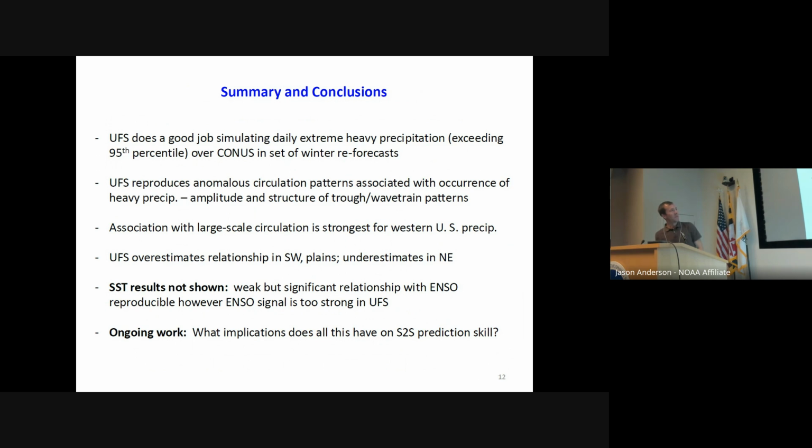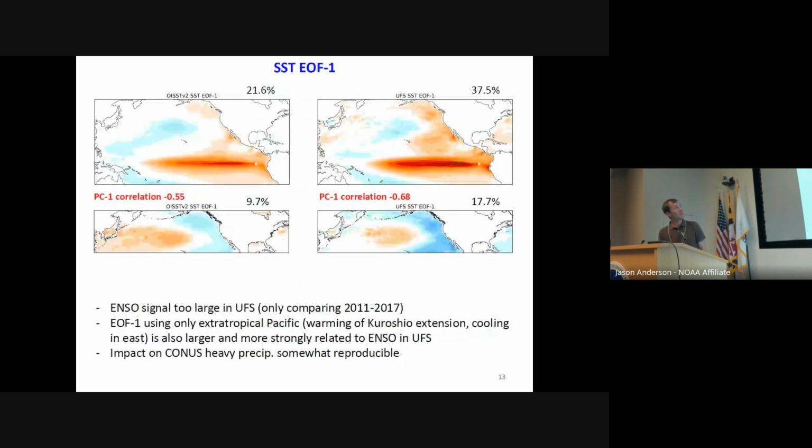But if you look at SST, for instance, all you can really do is look at the leading PC, which, if you include the tropics, is ENSO. And you can get a little skill from ENSO to explain extreme precip, but at least over the 7-year period, ENSO is pretty strong in the UFS compared to observed.